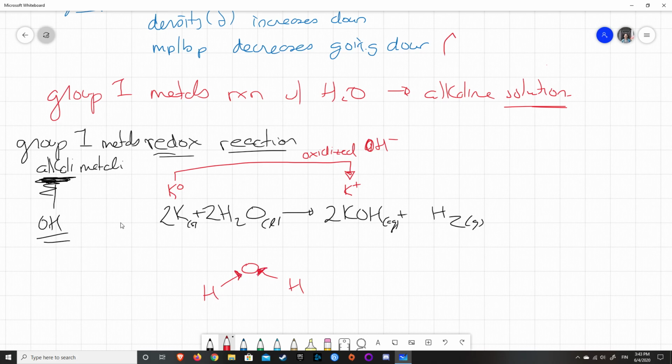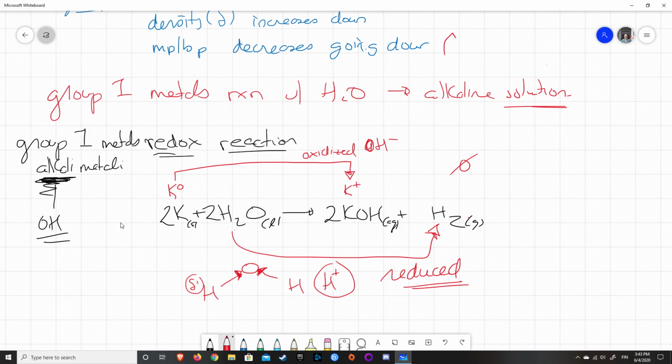These bonds are not equally shared. They're sharing electrons, but not equally. So this hydrogen has a small positive charge. So hydrogen before has a positive charge, and then now we've got the element. And as we all know, the element has a charge of 0, so it went from a positive charge to a 0 charge, so it is reduced.